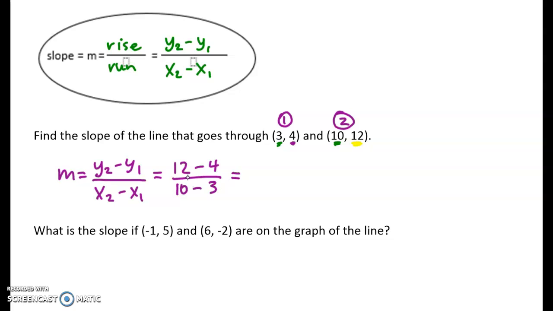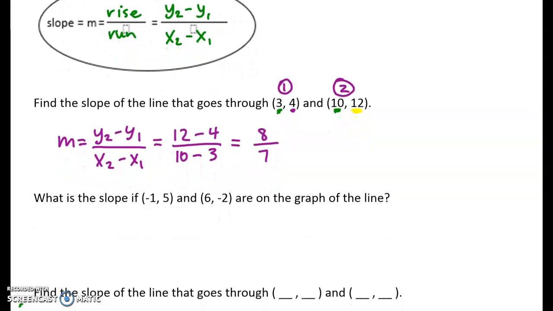So our slope will be 12 minus 4 is 8 over 10 minus 3, 7. We say this line has a positive slope of 8/7.